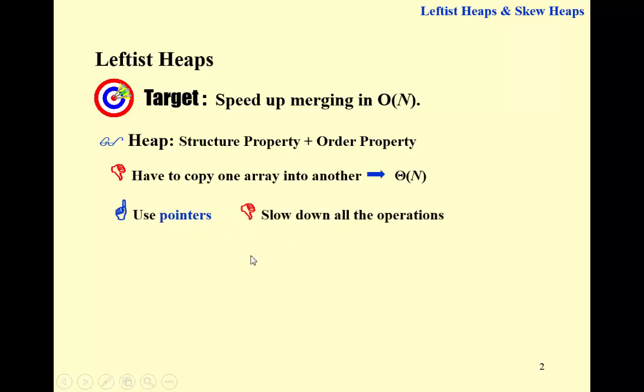The disadvantage of using pointers is that it'll slow down all the operations. While we're moving up and down in an array implementation, it's only a matter of calculating the parent, which is a divide by 2, or a child, which is times 2 or times 2 plus 1, the left child or right child.